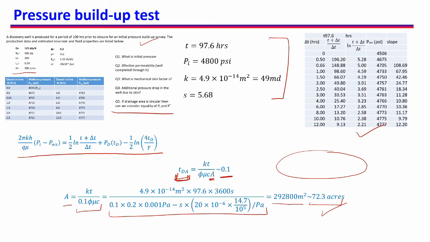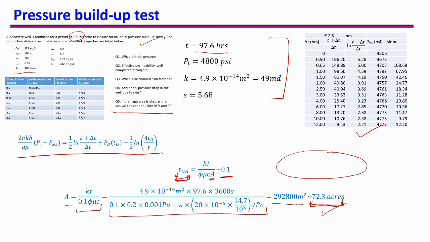So we have to have area less than this or equal to this to have reached pseudo steady state in 100 hours or 97.6 effective hours of production. So that means we are not in pseudo steady state, but we are in transient state.